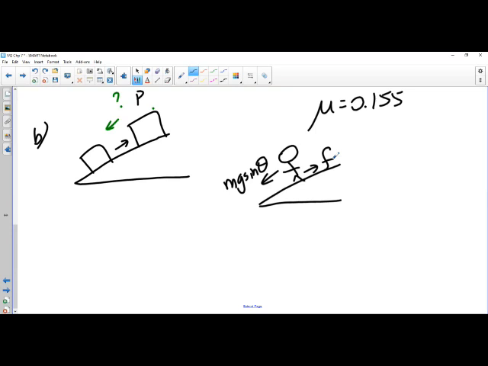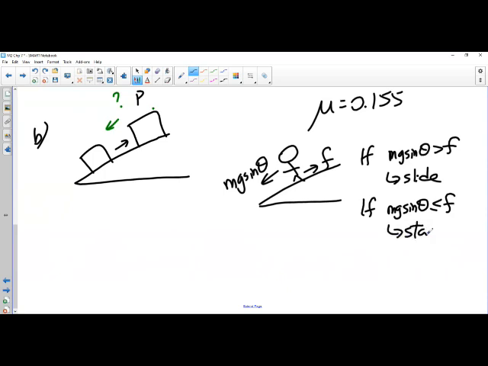But if you slide, that means mg sine theta is bigger than friction. So if mg sine theta is greater than friction, you slide. If mg sine theta is less than or equal to F, because if friction is just enough, equal to mg sine theta, you stay.